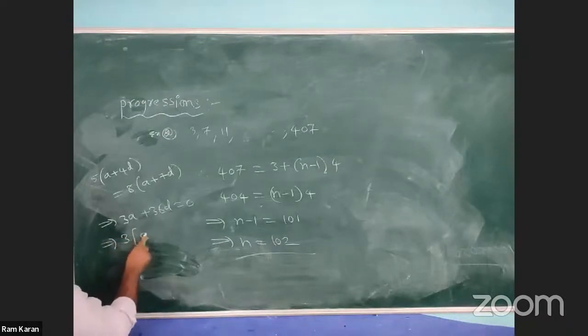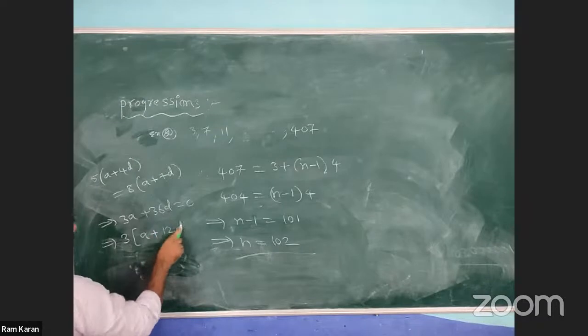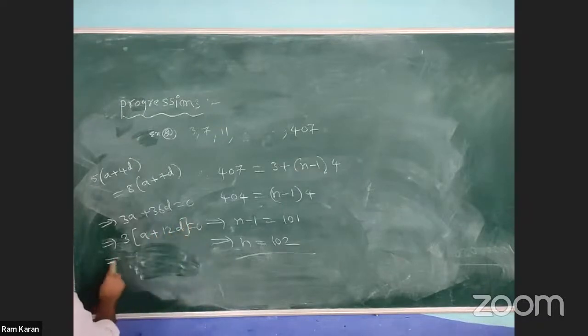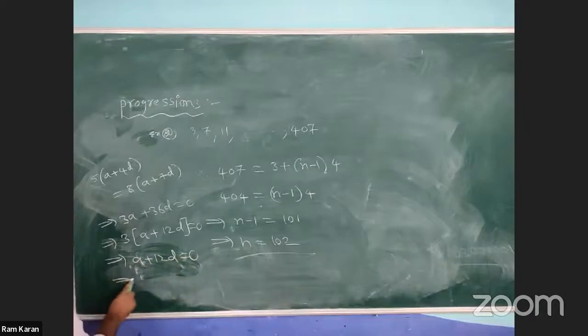The common factor is A plus 12D. So A plus 12D is equal to 0, that is T13 is equal to 0. Next example.